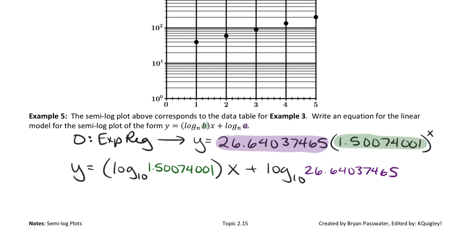And if I do that on my calculator, I get a slope of 0.1763. This time I am rounding, because this is the final step of this problem, x plus log base 10 of 26.6403745. Oof. Which is 1.4255.